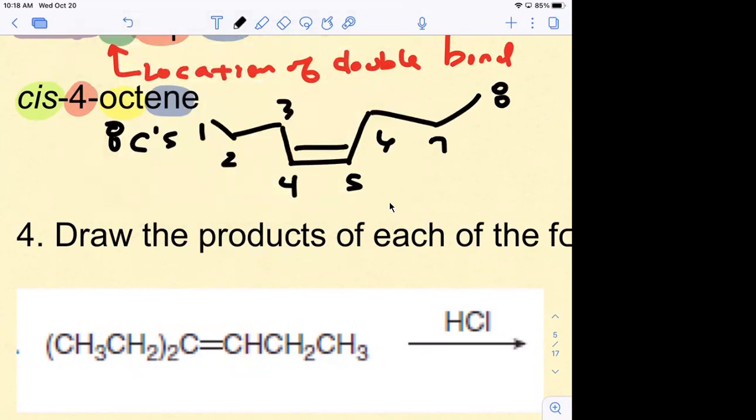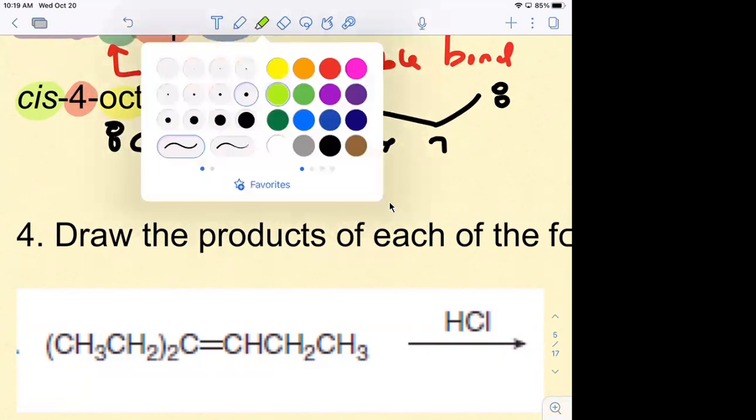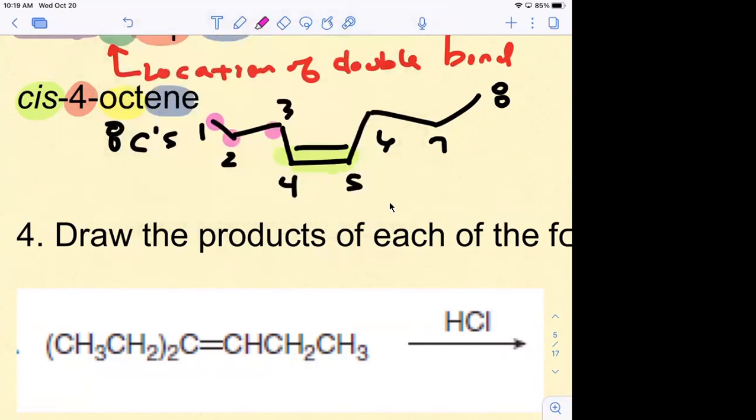Like that. So the double bond is cis. You can see that right here, where both groups that are not hydrogen are on the same side. And we got 8 carbons total: 1, 2, 3, 4, 5, 6, 7, 8.